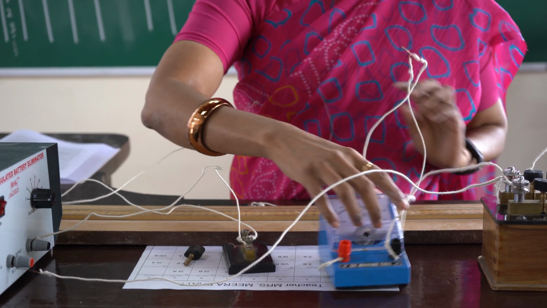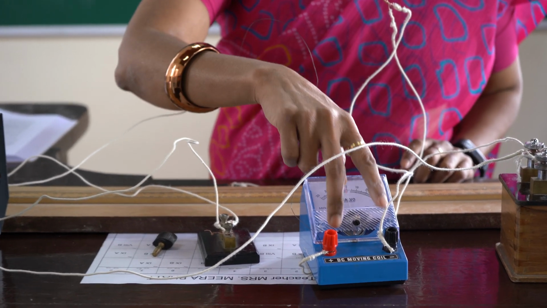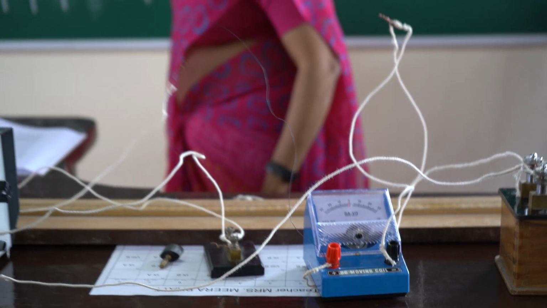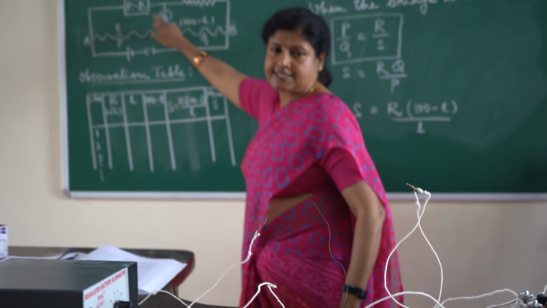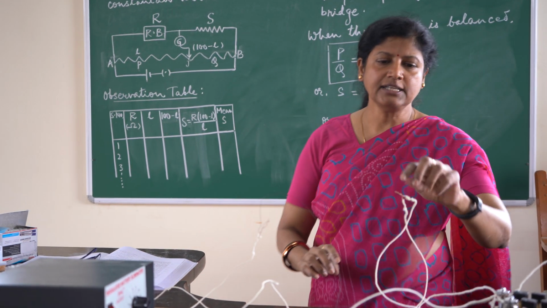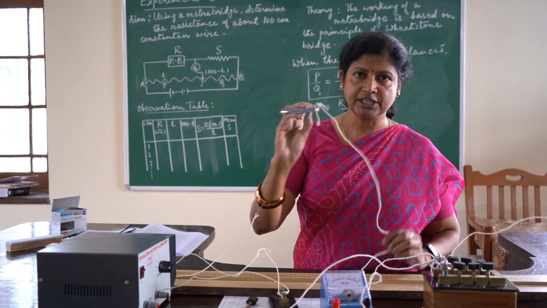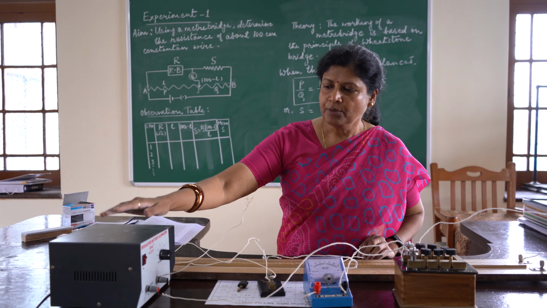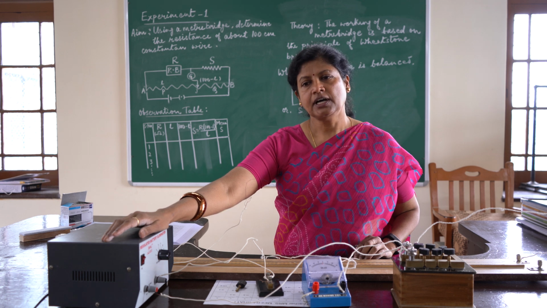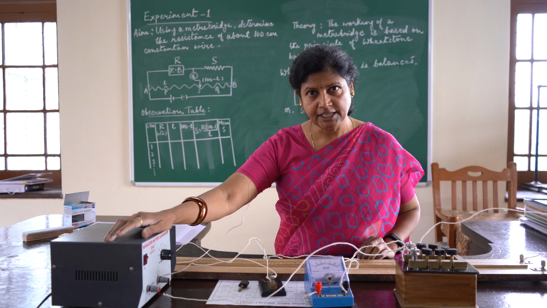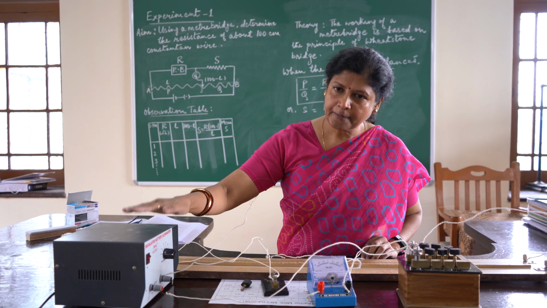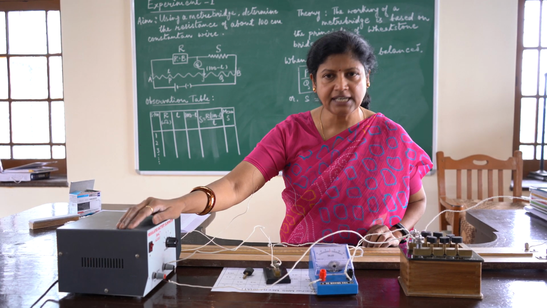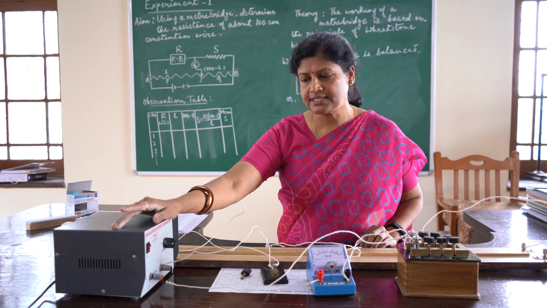Now, resistance box, then unknown wire S, length of this wire is 100 centimeter. Now, galvanometer, one end of galvanometer is connected with these two resistances and another end is connected with a jockey. Now our power supply, we have connected with AC, but here this eliminator is connected with AC, so that here we will get DC.